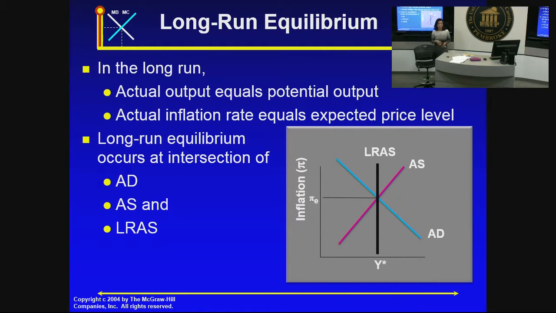Nope. So your Y is equal to Y star right there. What else? Your actual inflation rate equals the expected inflation rate. We'll get into that later when we talk about the aggregate supply curve. But for now, what this is saying is that your actual inflation rate is also your expected inflation rate at that point where your three lines are intersecting.